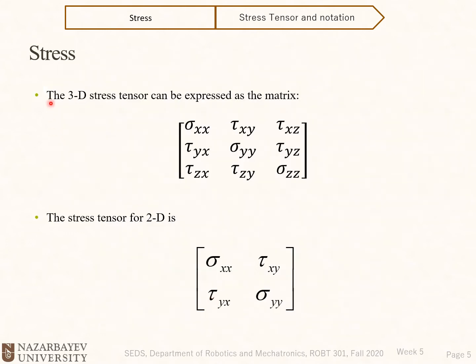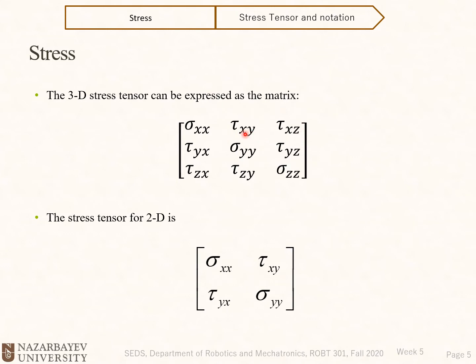Okay, so the 3D stress tensor can be expressed as a matrix. Now we want to organize our stresses and put normal stresses in the diagonal entries of our matrix. So here we have sigma xx, yy, and zz as normal stresses. Tau xy, tau xz are shear stresses.